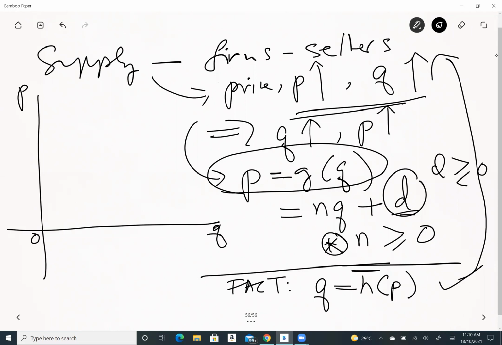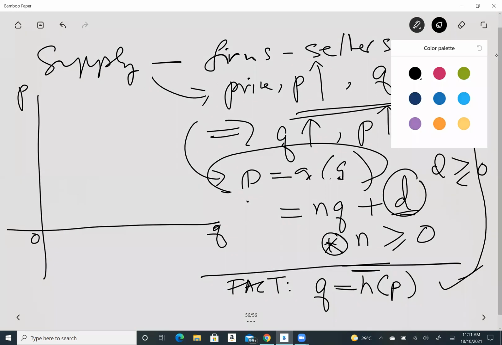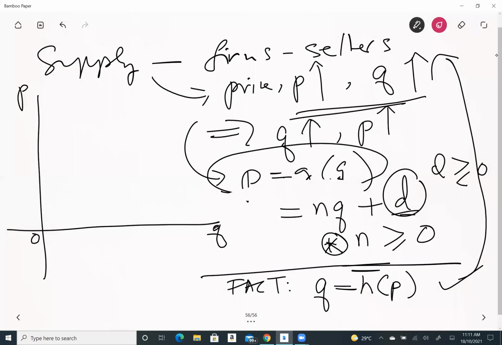But we will start with this one, to be consistent with the book.